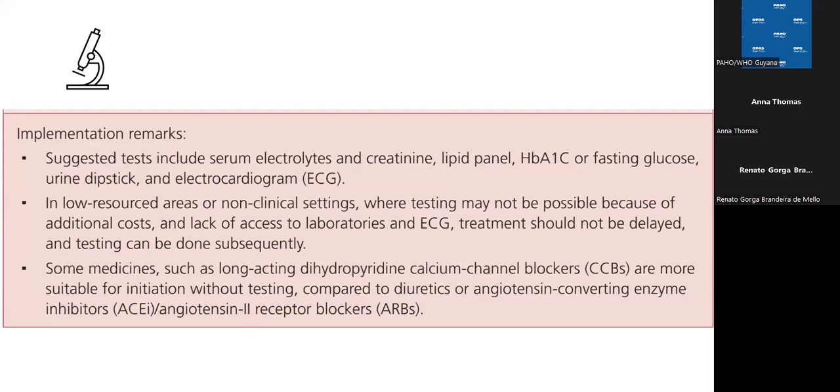In low-resourced areas or non-clinical settings where testing may not be possible because of additional costs and lack of access to laboratories and EKG, treatment should not be delayed and testing can be done subsequently or sometimes be put aside.